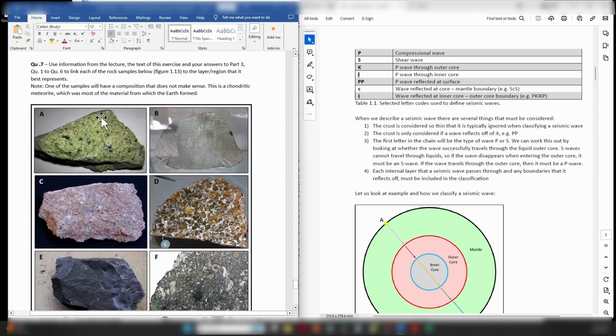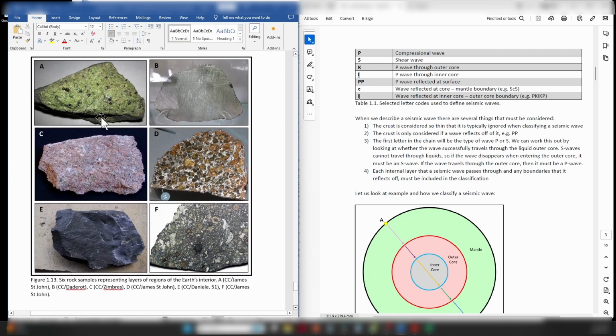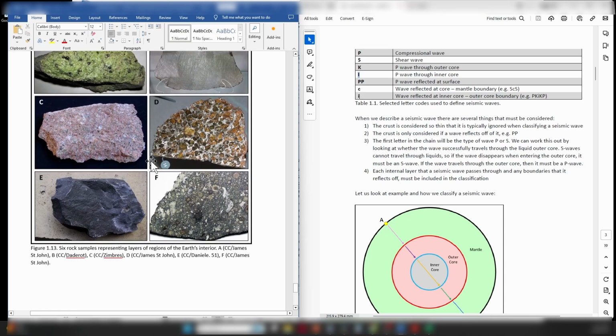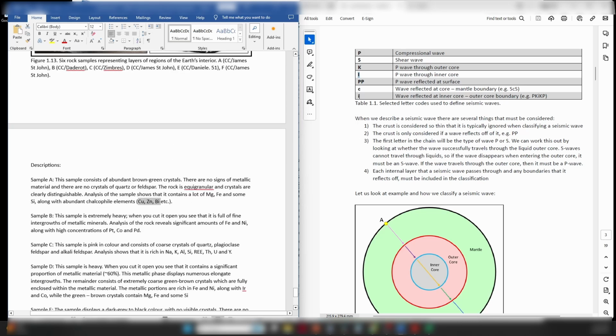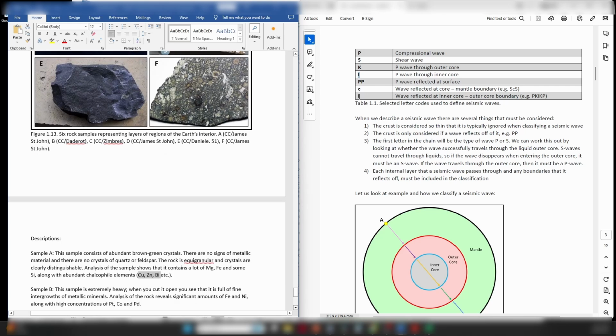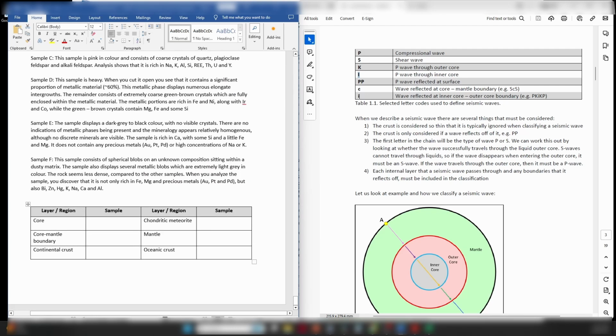So then we come on to question 7. And in question 7, you can see that we have 6 distinct samples of rock. Based on the samples themselves, and also a description for each sample, which contains information about the elements that are present in that sample, it's your job to work out which layer each of these 6 samples represents. The core mantle boundary, the continental crust, a chondritic meteorite, the mantle, or the oceanic crust.